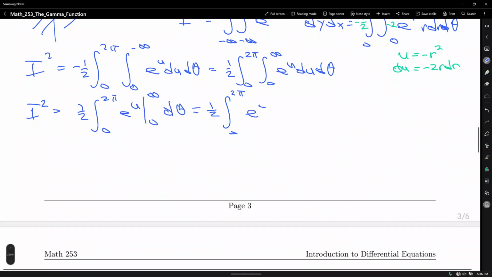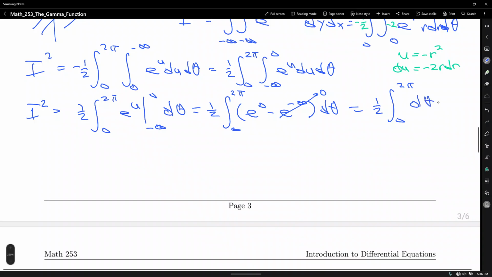This will be e to the 0 minus e to the... Oh, actually, it's negative. What is going on here? No, wait. Let me go back. From negative infinity to 0. Okay, this is fine. So the e to the 0 is 1. This is 1/2 integral from 0 to 2 pi.